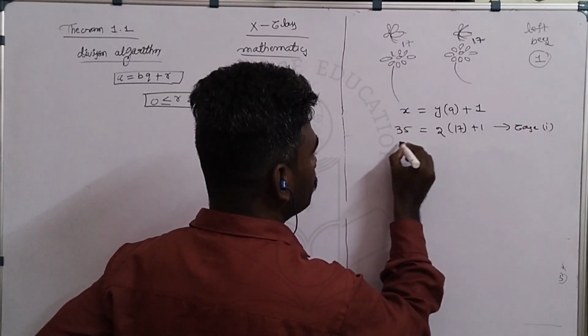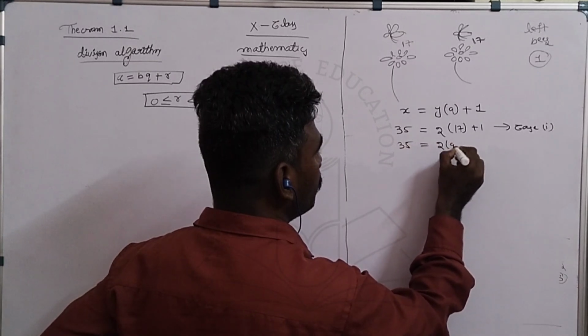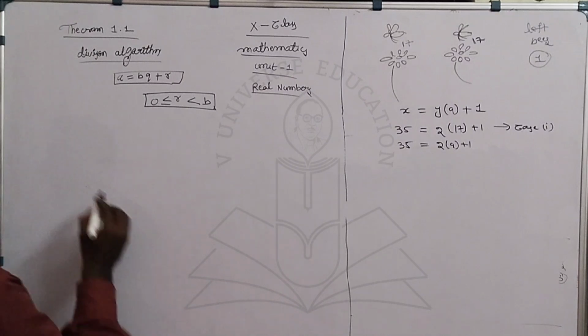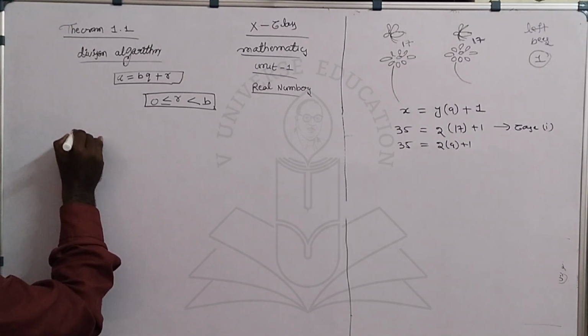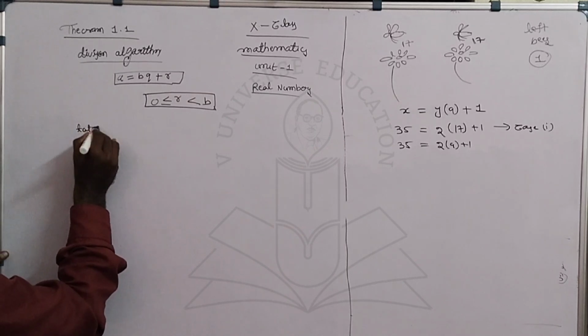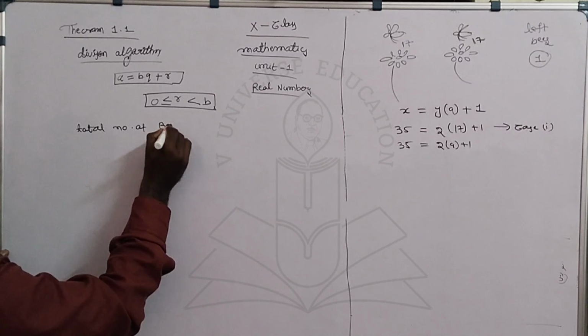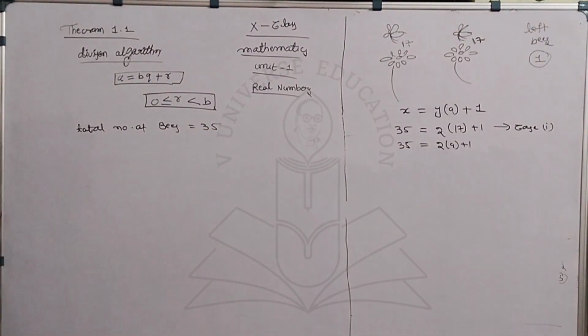So this we can write, that is 35 is equal to 2a plus 1. Now for all the cases, here we are assuming that the total number of bees is equal to 35. For all the cases we are assuming this one.